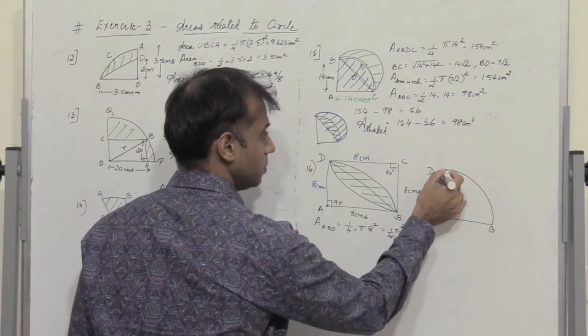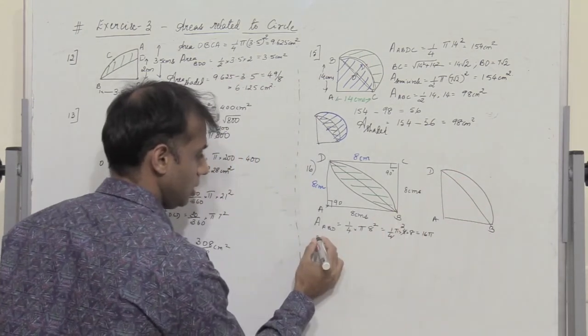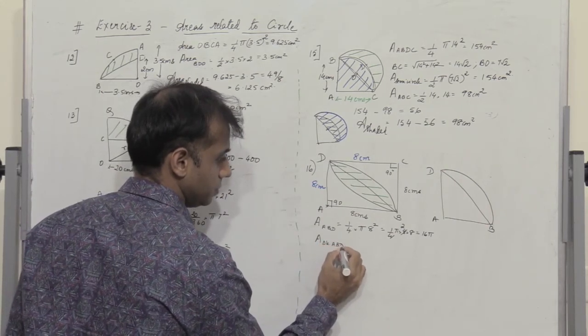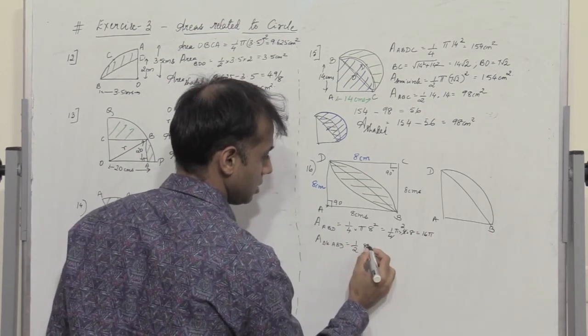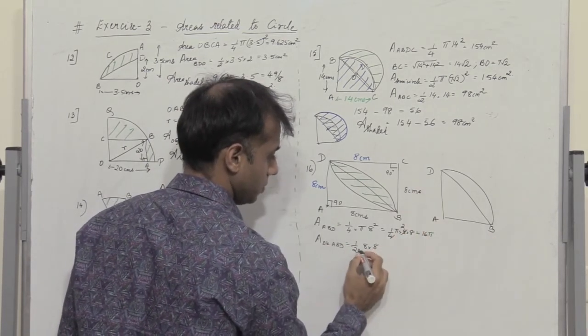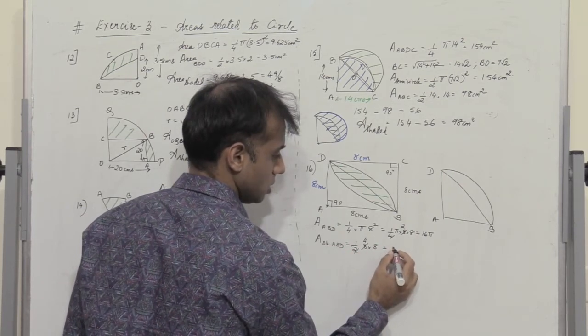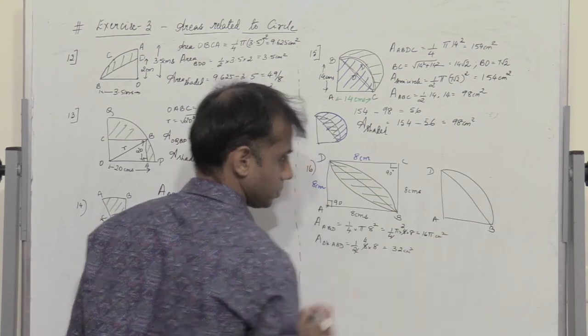Now from this, I subtract the area of this triangle. The area of the triangle ABD is half into base, which is 8, into height, which is again 8. So we get 8 into 4, which is 32 centimeters square.